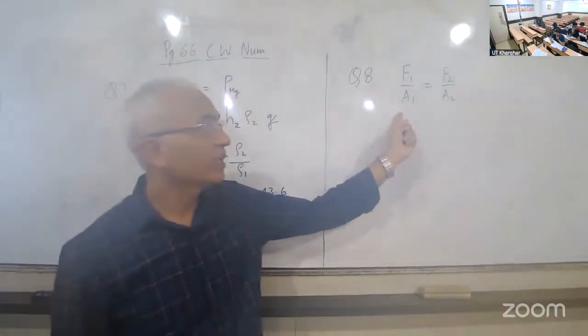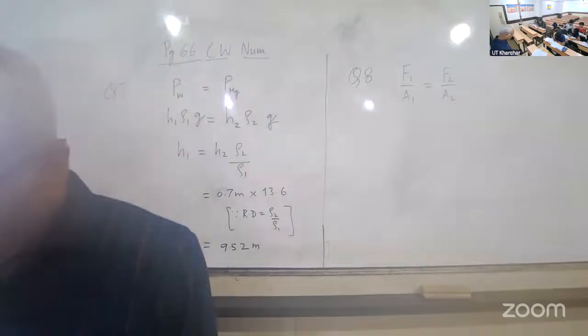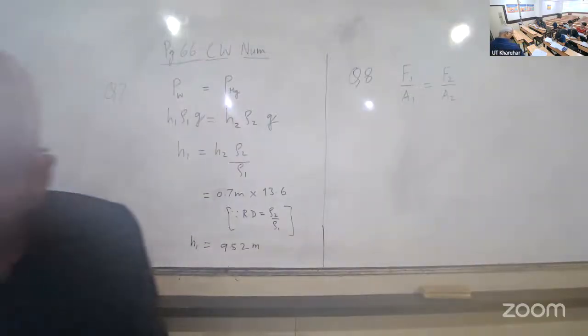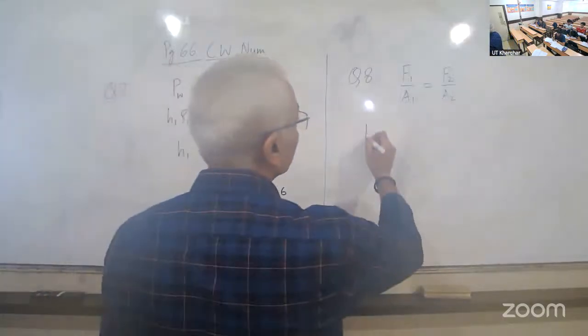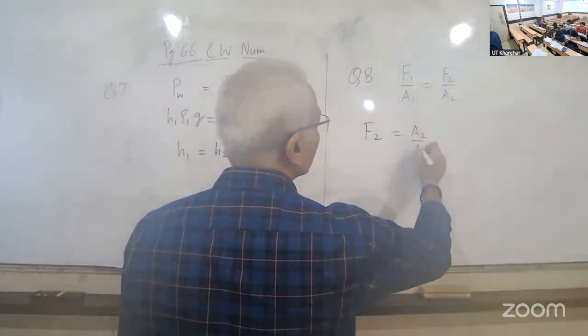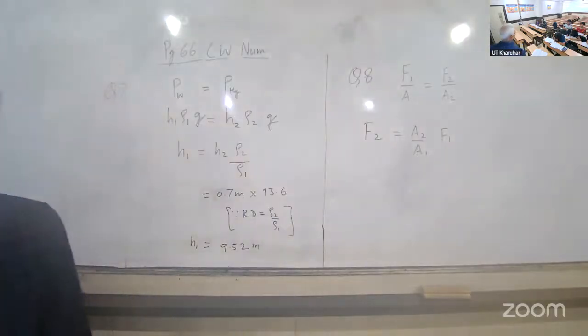So you can take A1 as the small area and A2 as the big area. What is to be found here? You have to find F2. Who got the answer? Okay, explain how you got the answer.